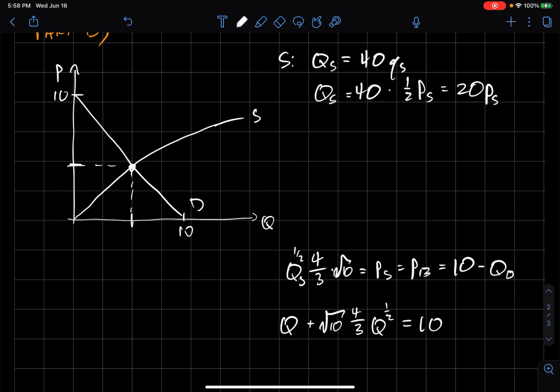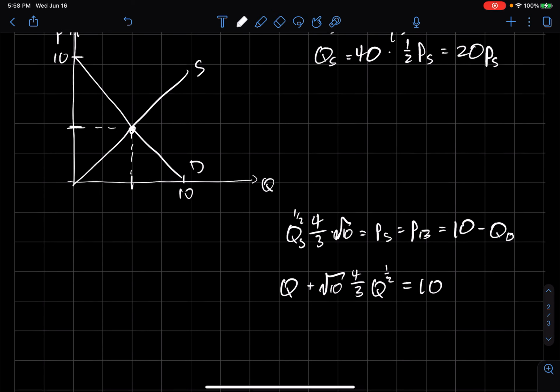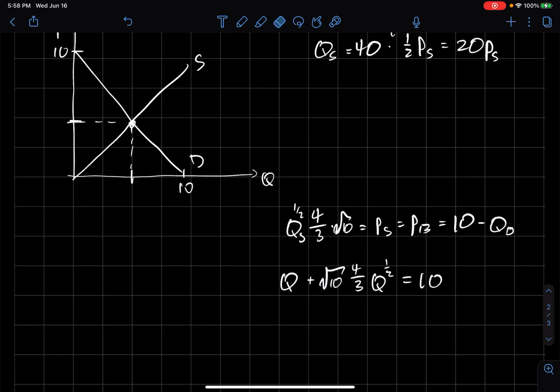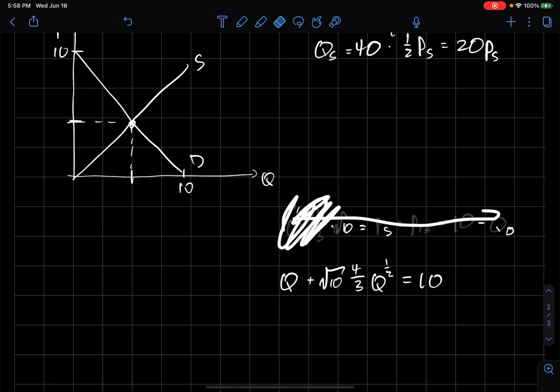Okay, so that's our market supply curve, and it's going to look a little different. It's going to be linear.